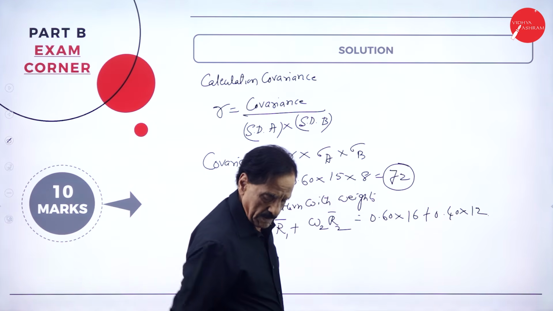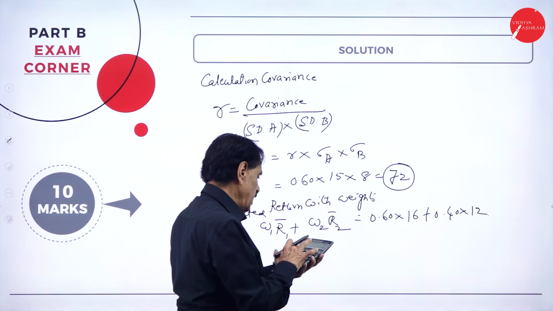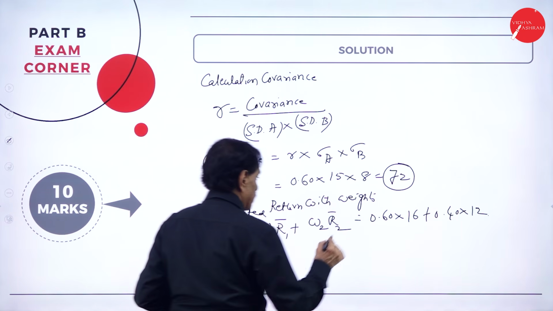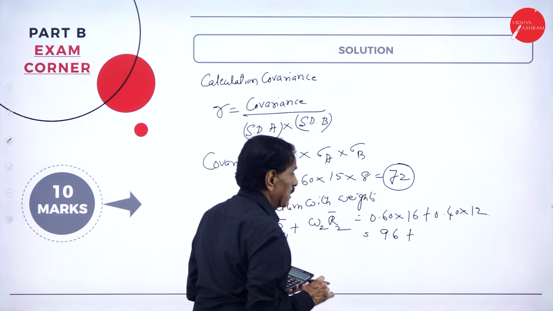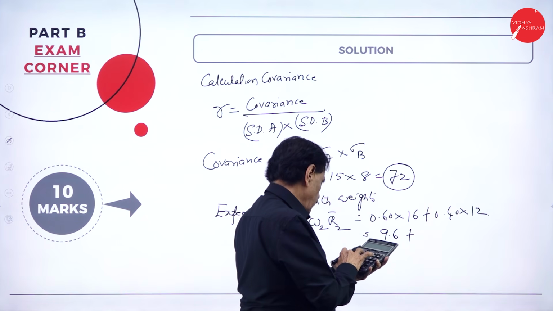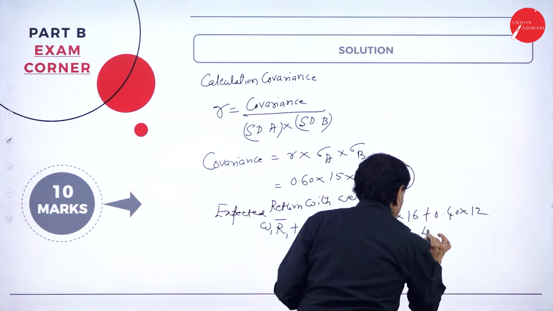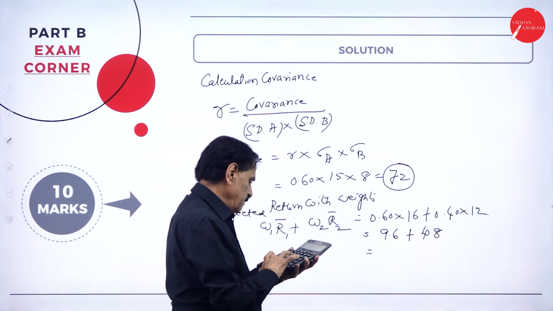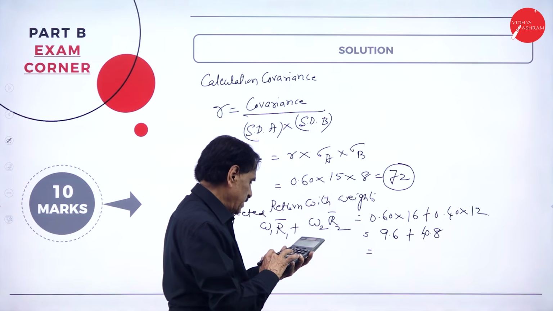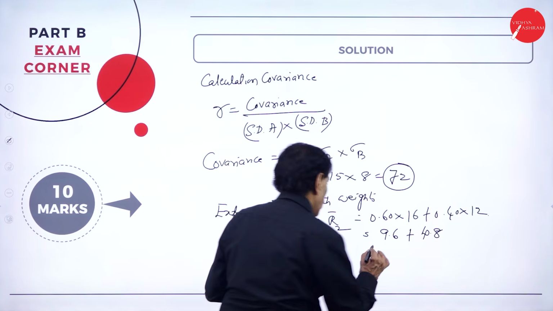Multiply. 0.60 into 16, 9.6, plus 0.40 into 12, 4.8, is equal to 9.6 plus 4.8, 14.4.